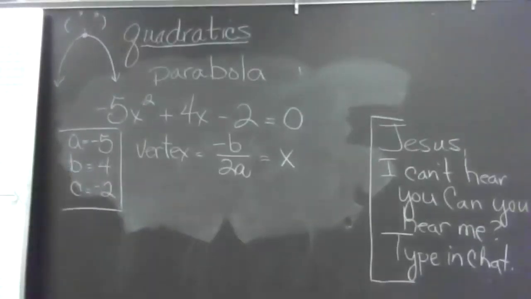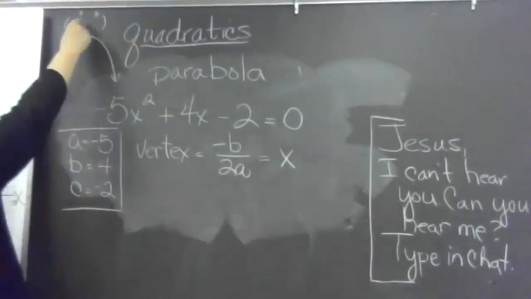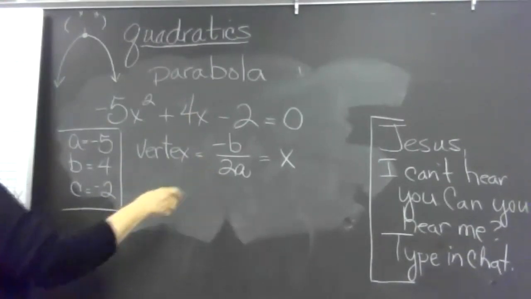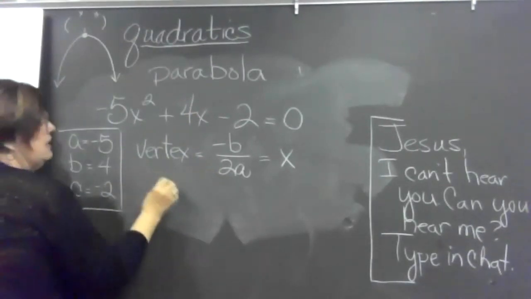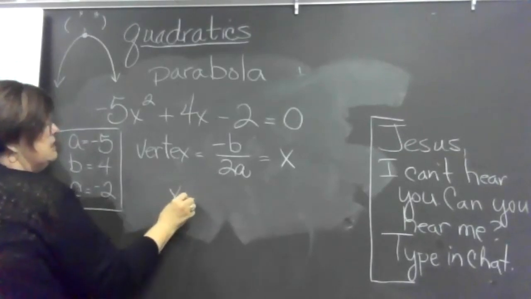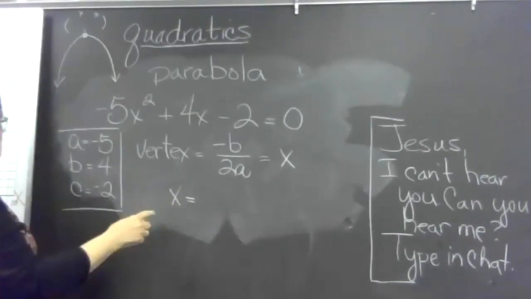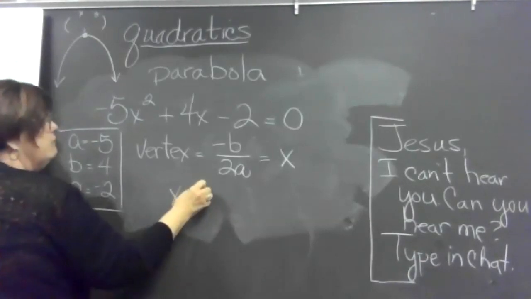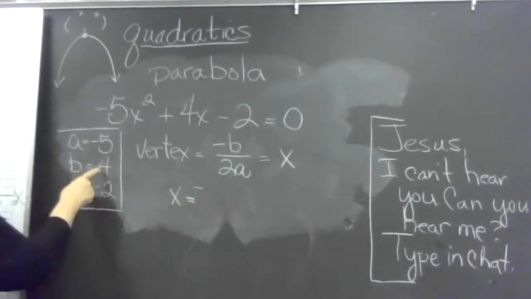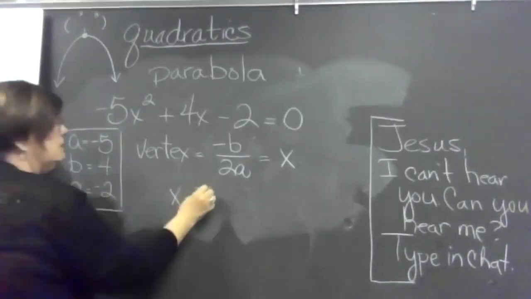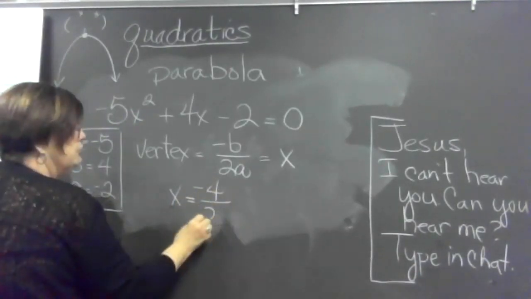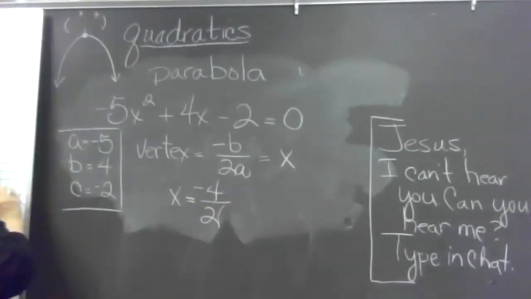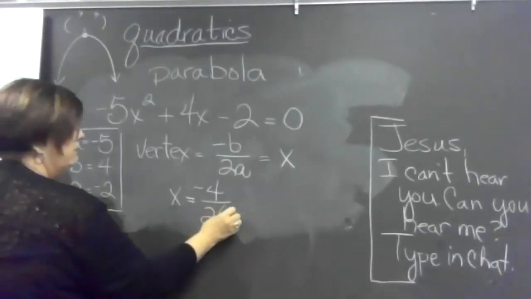Okay, so to find the vertex here, we're going to use this formula to start. So X is going to equal, this is the X value of the vertex, X equals negative whatever B is. What's B? 4. 4 over 2 times, what's A? Negative 5.